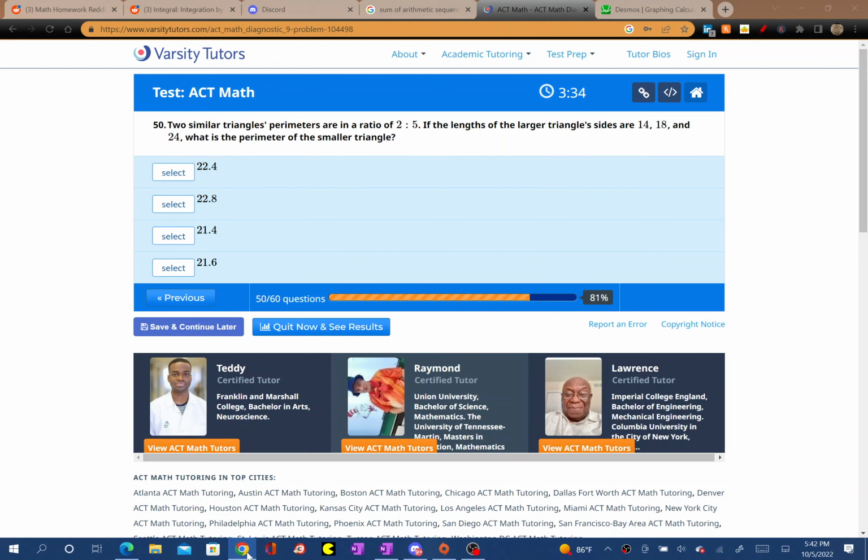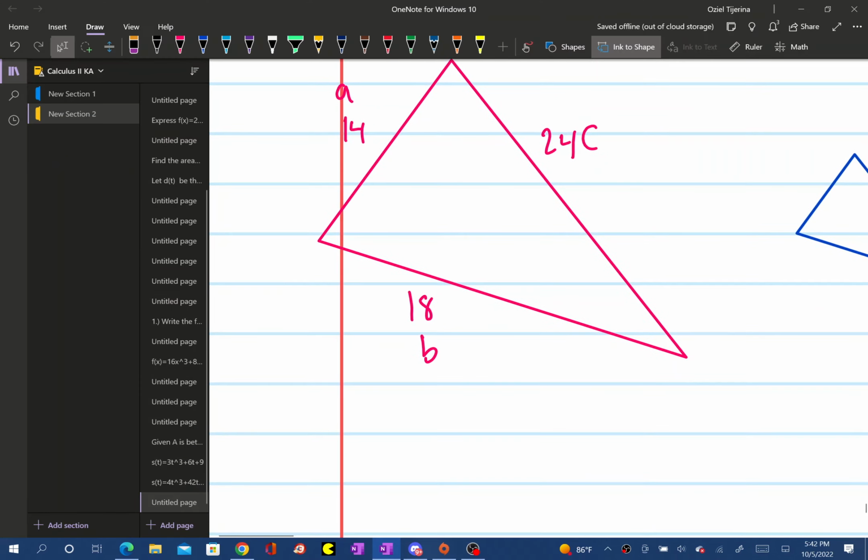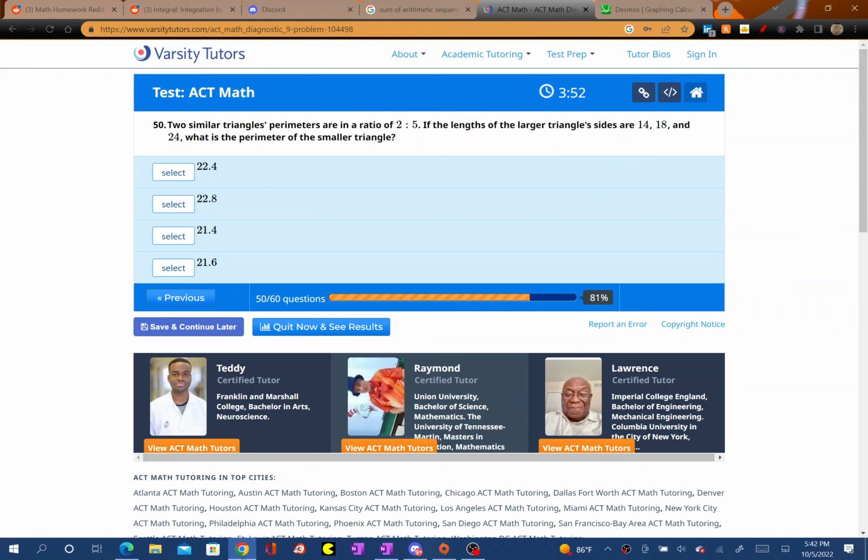So, if we find the perimeter of the one that we already have, the perimeter is 14 plus 18 plus 24, that's 56. So it's saying that it's 2/5 of that.